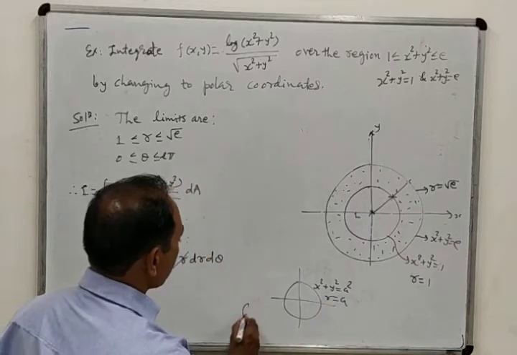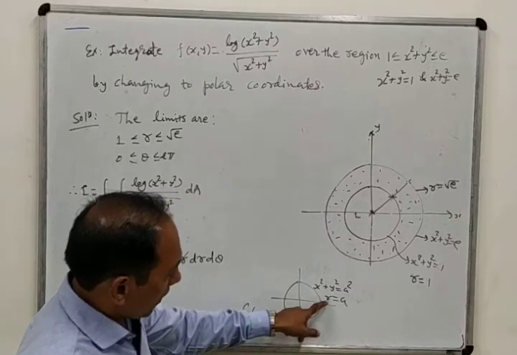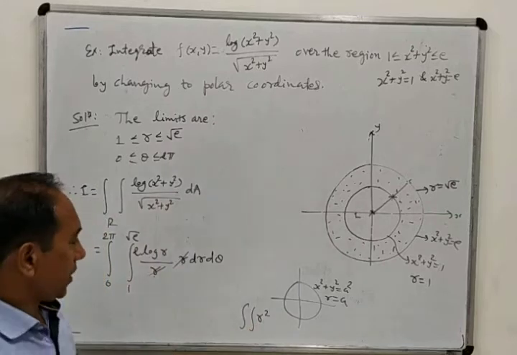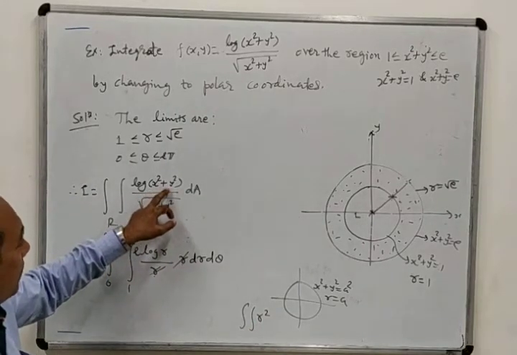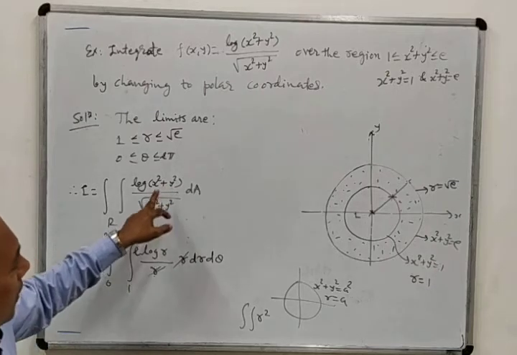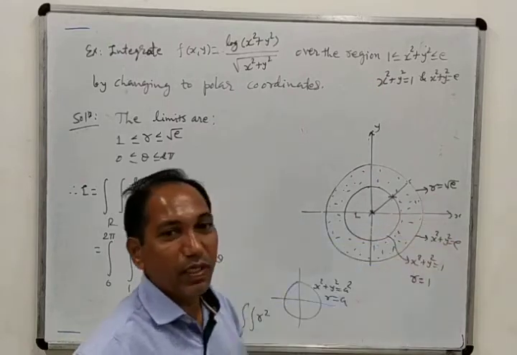But inside the integration we have substituted x square plus y square equal to r square. So we have not substituted r equal to a. So see the difference. Here x square plus y square equal to r square is written, not r square equal to 1 or r square equal to e.